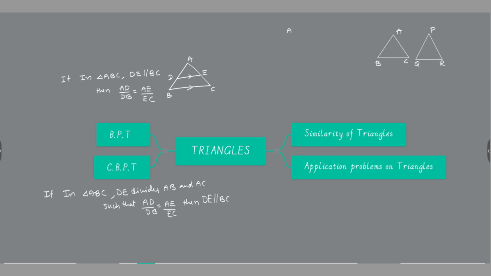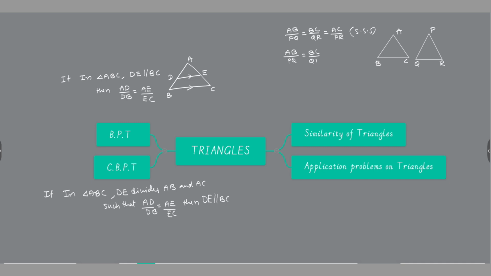If AB by PQ is equal to BC by QR is equal to AC by PR, if all three ratios are the same, then we say that they are similar by SSS. Sometimes the ratios of only two sides will be the same, AB by PQ is equal to BC by QR.